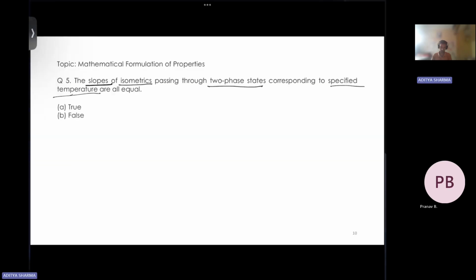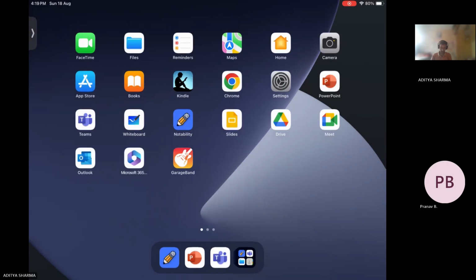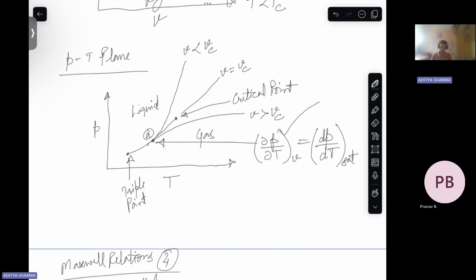So if question says that for a specified temperature, let's say we have some temperature at a point, right, where this liquid and gas phases are coexisting, right? In that case, both will have the same slope, right?